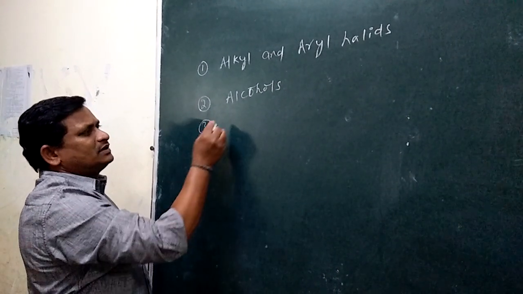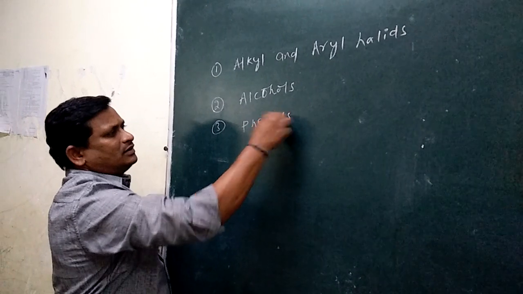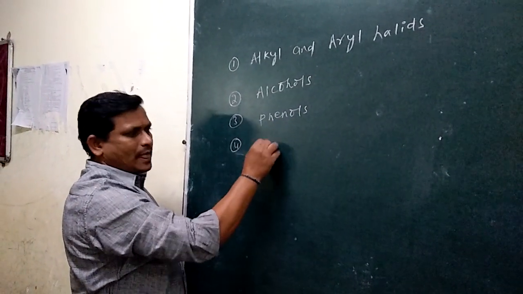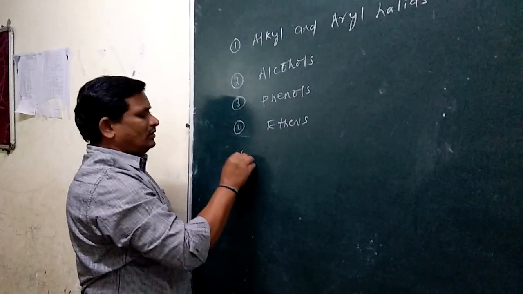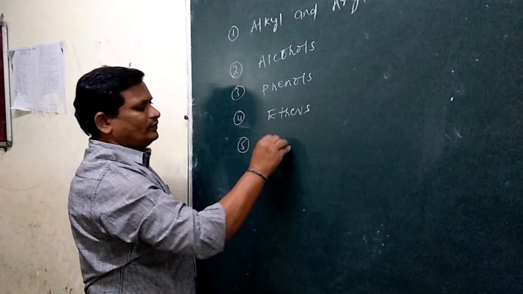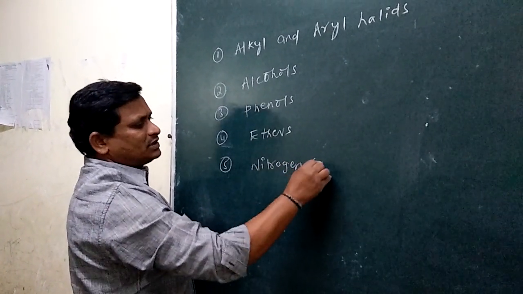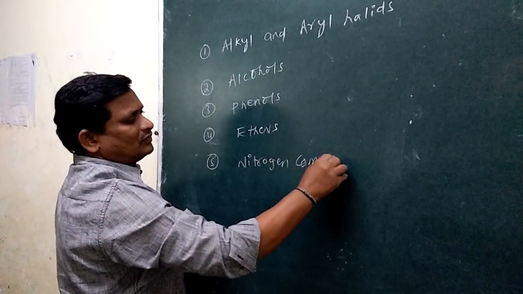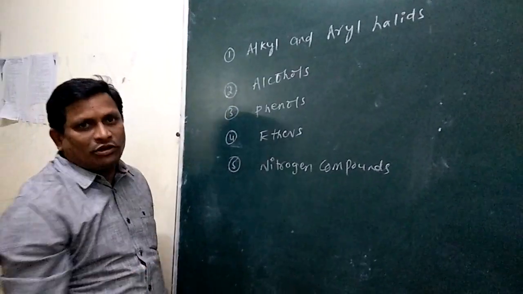Third one is phenols. Fourth one is ethers. Fifth one is nitrogen compounds. So these are the topics in second year organic chemistry.